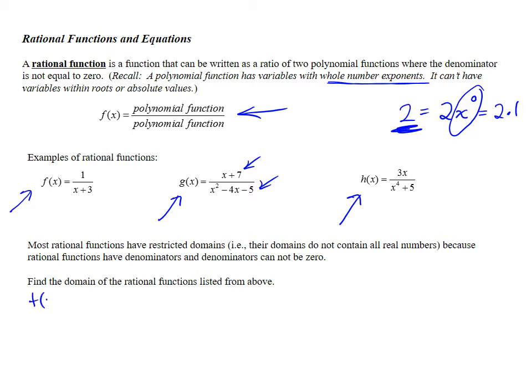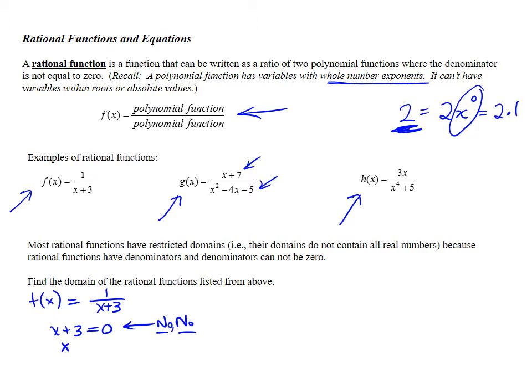We'll start with f of x equals 1 over x plus 3. When we look at this, what we are concerned with is we cannot have the denominator equal to 0. This is a no-no. We do not want that to be equal to 0, so we want to exclude any value for x that would make that happen.